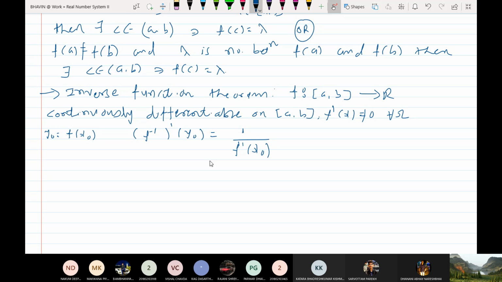Very good. Examples of the inverse function theorem. I'm looking for examples, not the theorem.